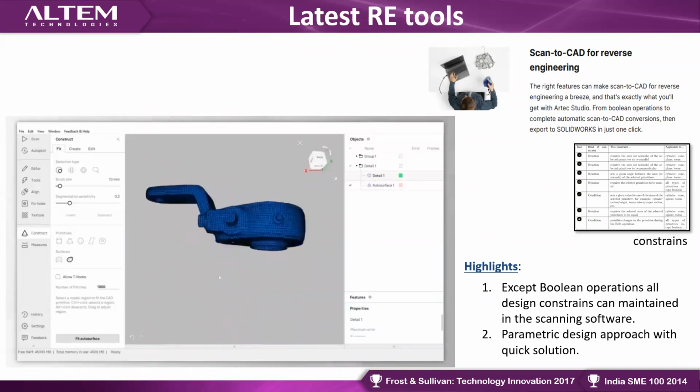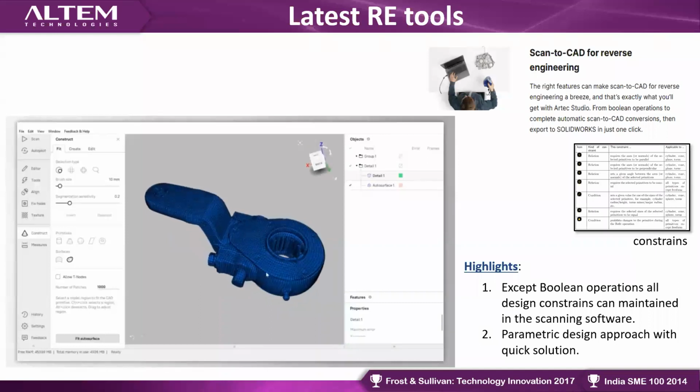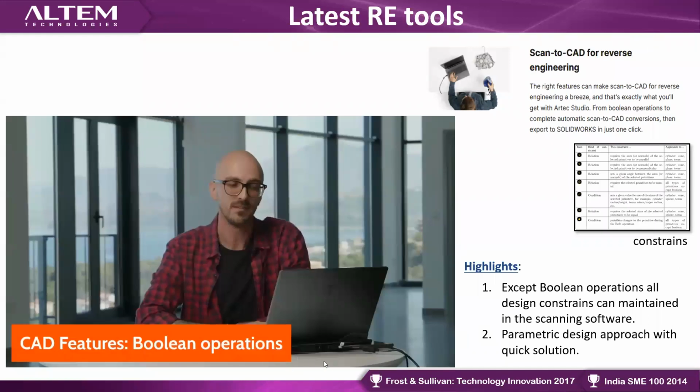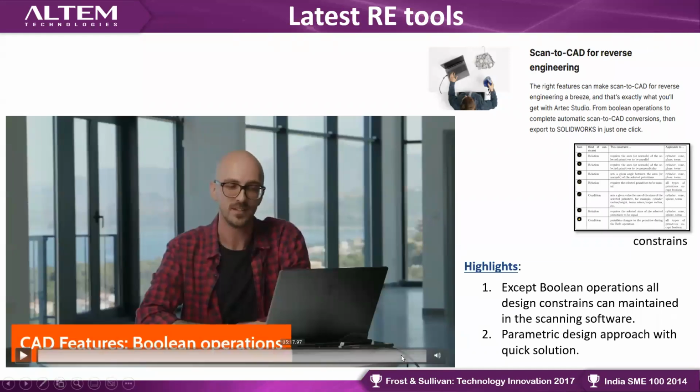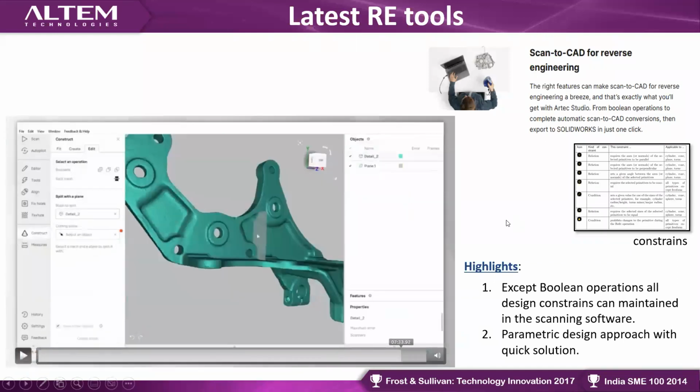So here with the auto surface model, you can take the dimensional references from the scan model and build those details. Hope this is clear. I'll just move on to the next slide.